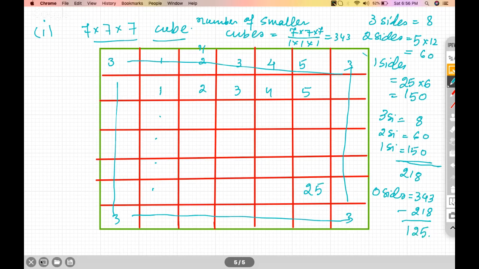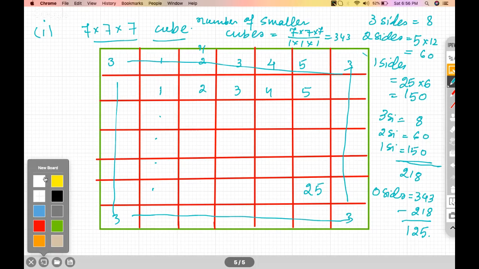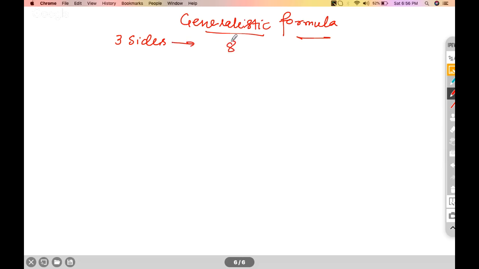Now I'm giving you a generalistic formula. Write it down. 3-side painted are eight, which is on corners. 2 sides painted are, whatever they are, you try to understand.